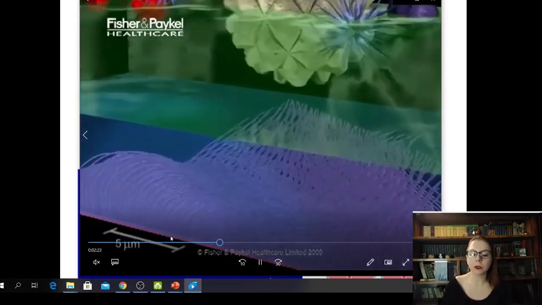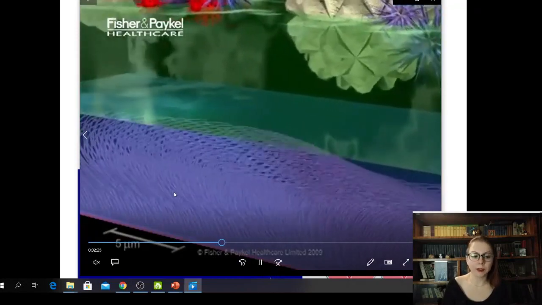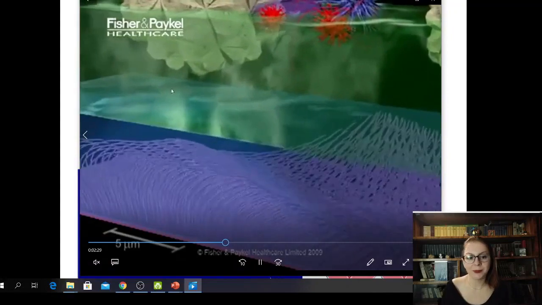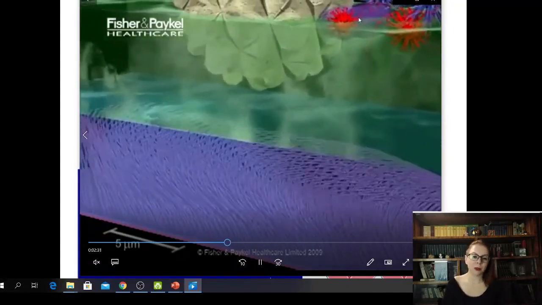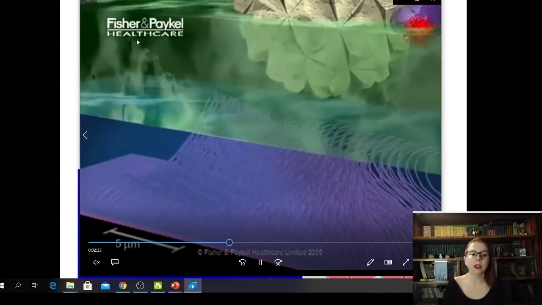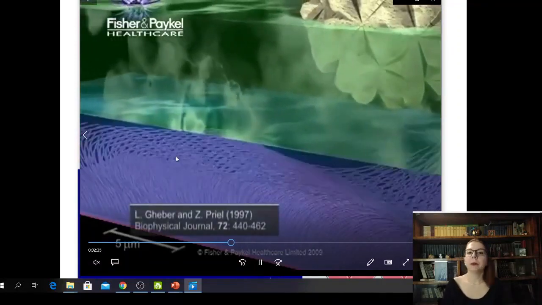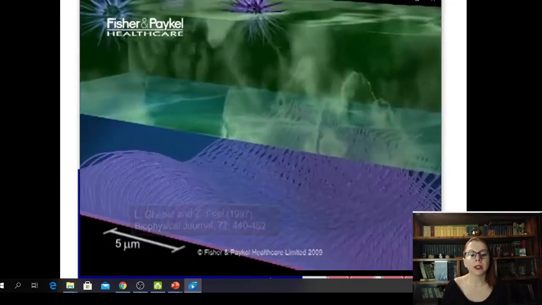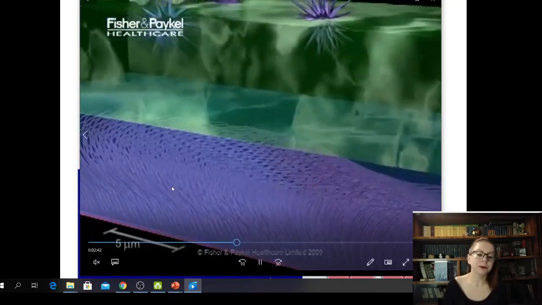Cilia work in the less viscous, lower layer of the mucus. In the upper layer, dust particles and different microbes are entrapped, and like on an escalator, they are passively moved out of our respiratory airways to the pharynx.